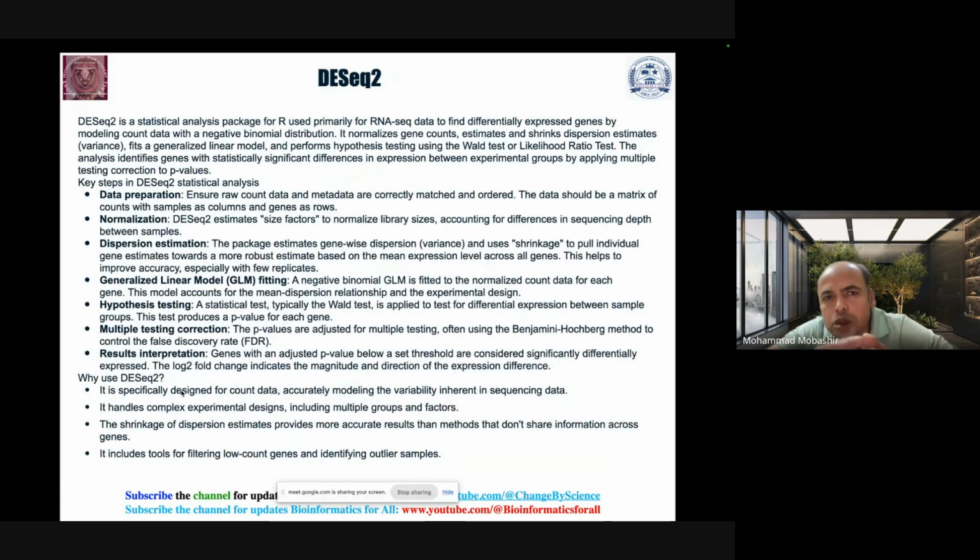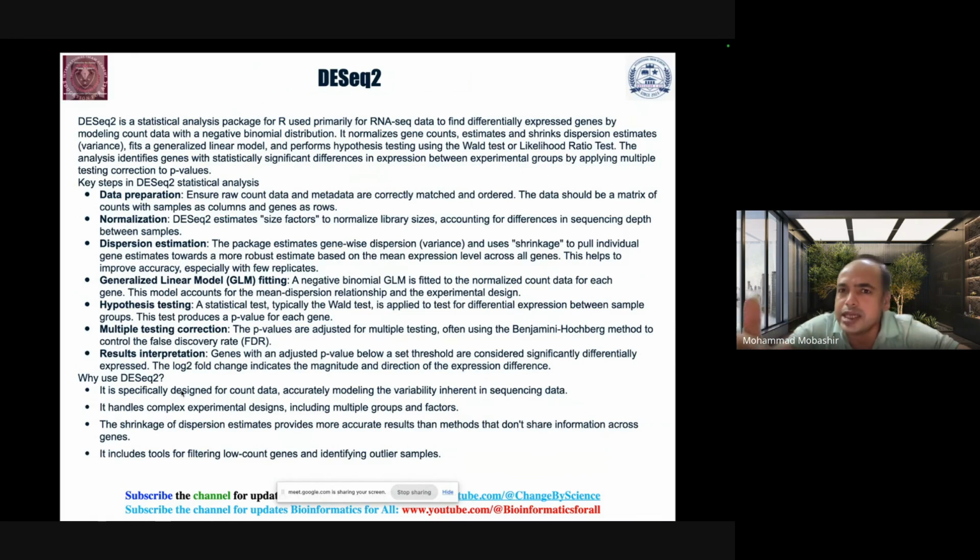Now, the most common software used for high-throughput NGS data for differentially expressed genes is DESeq2, which is a statistical analysis package of R used primarily for RNA-seq data to find differentially expressed genes by modeling count data with a negative binomial distribution.